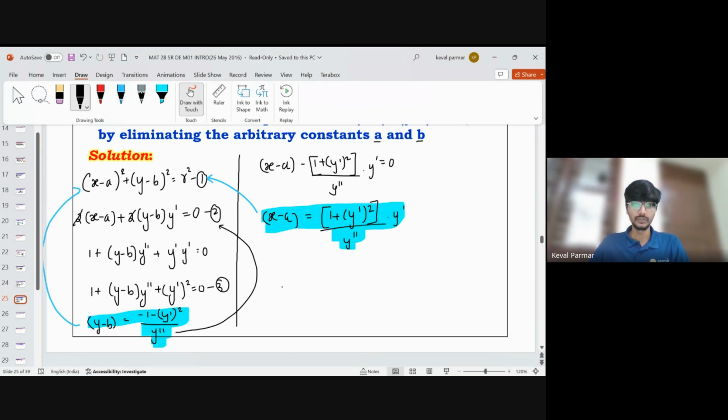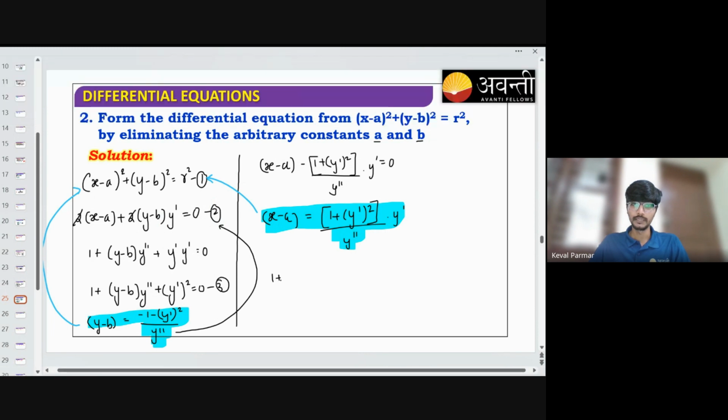So my answer will look like x minus a the whole square, so 1 plus y dash square the whole square upon y double dash square into y dash square, plus y minus b the whole square. This is y minus b. If I square, the minus will get cancelled. So I'll get 1 plus y dash square the whole square upon y double dash square is equals to r square.